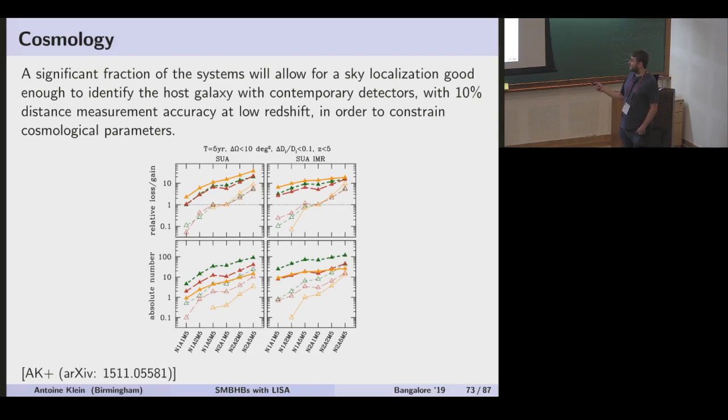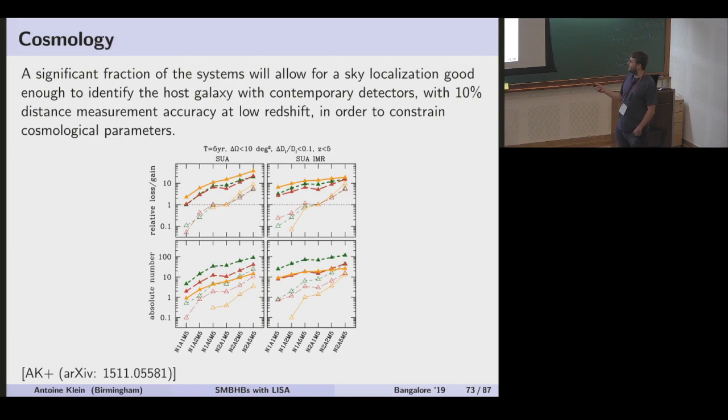In this case, we can point a future electromagnetic detector with a wide opening angle, with which we can detect a counterpart, which will give us the redshift.